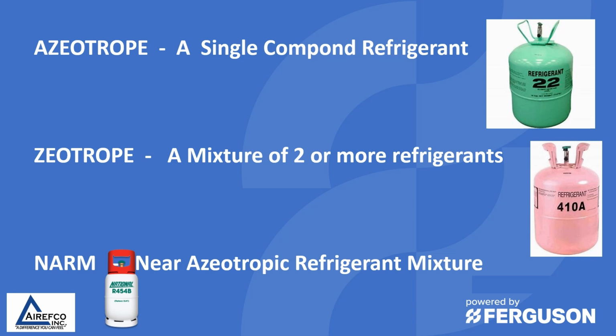A NARM, or near azeotrope refrigerant mixture, is one that is a mixture of 2 or more refrigerants, but it acts like an azeotrope as a single compound. R410A was a NARM, and R454B is also a NARM, so it can be handled like a single compound refrigerant.